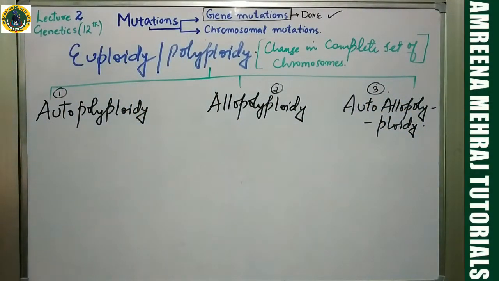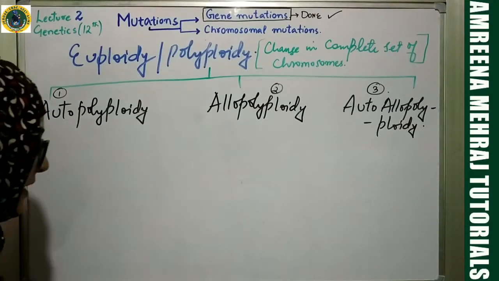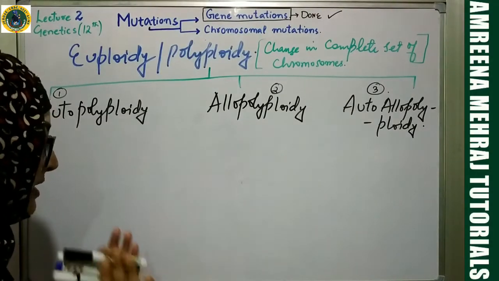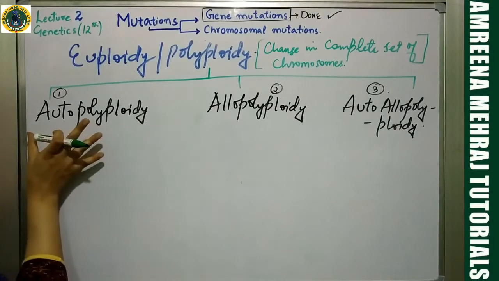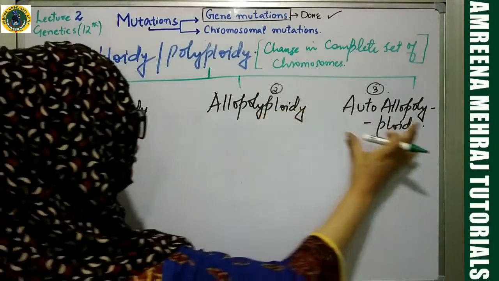Now, my dear students, autopolyploidy is very simple. Here you will see that the genome of the same species is repeated. Let's first go to autopolyploidy, and we'll finish in this order, followed by the other two.